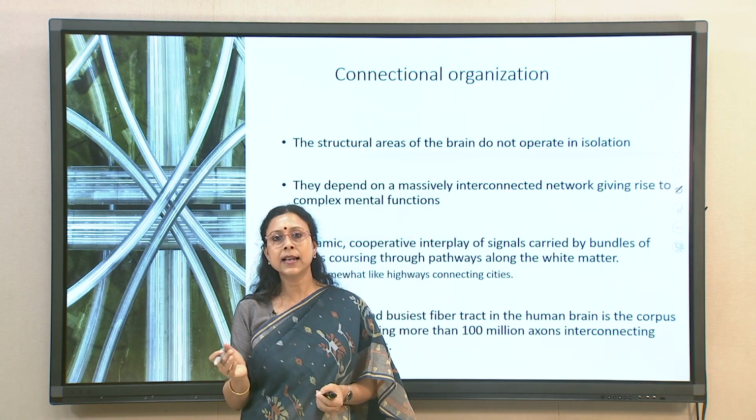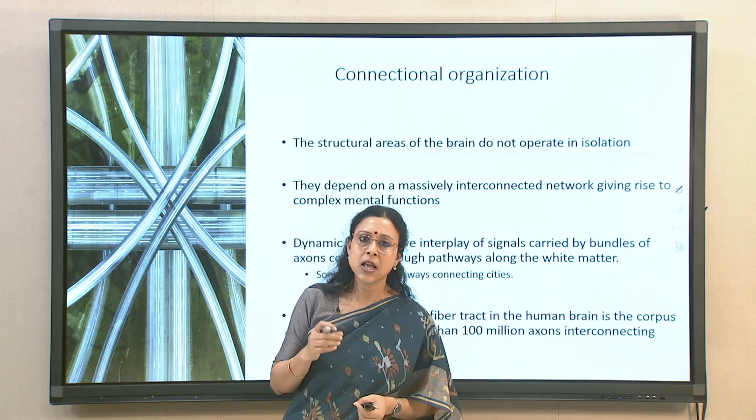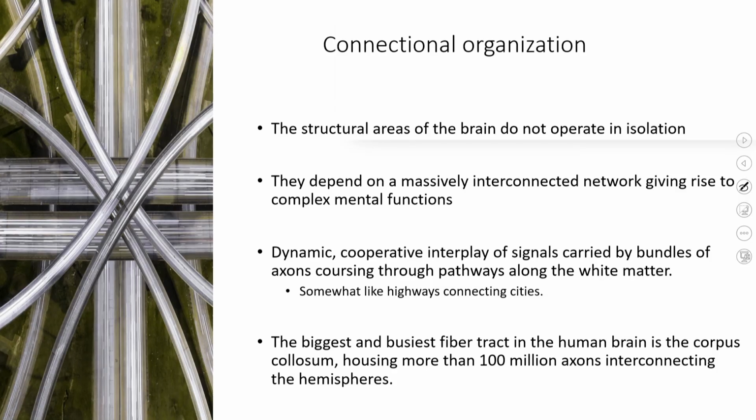But on a larger scale as well, between different broader areas there are lots of connections. So, a dynamic cooperative interplay of signals carried by bundles of axons coursing through pathways along the white matter is what we are talking about here. This is akin to highways that we see connecting cities.